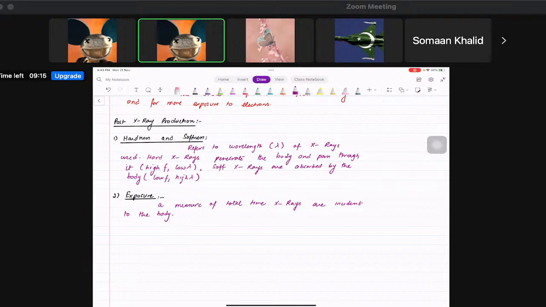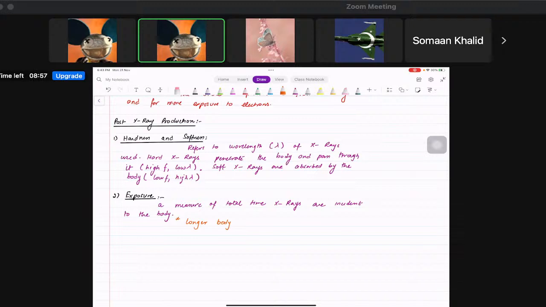So it depends on time, and I'm going to write something here in a star. This is an important note: it doesn't come in the definition, but it's an important thing that you need to remember.